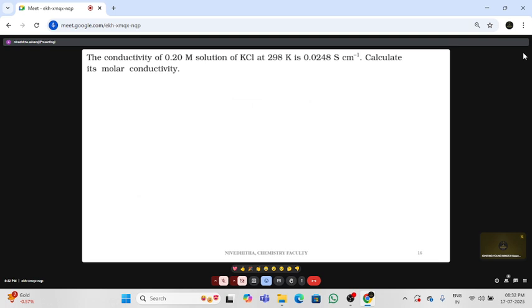So it is a very direct problem. The conductivity of 0.2 molar solution of potassium chloride at 298 Kelvin is 0.0248 Siemens centimeter inverse. Calculate its molar conductivity.